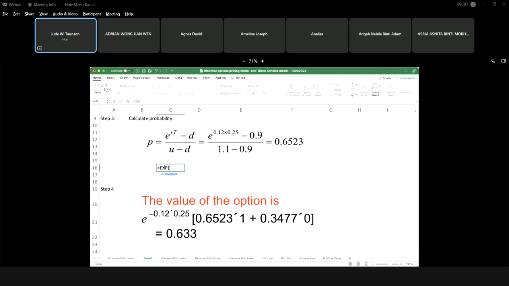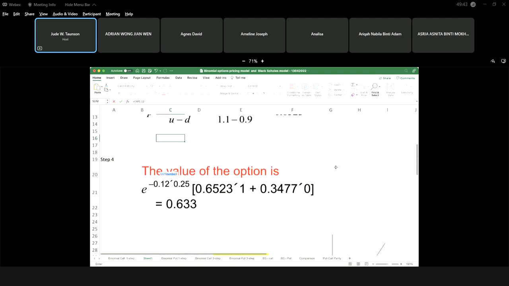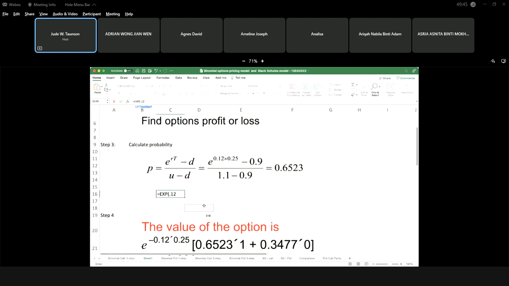Now we use the interest rate. What is the interest rate? 12%. Where do I get 12%? It's given in the question. So 0.25, where do I get 0.25? 3 months divided by 12.